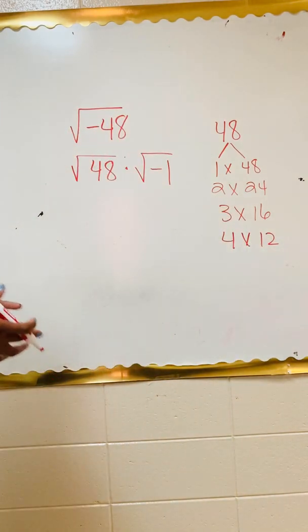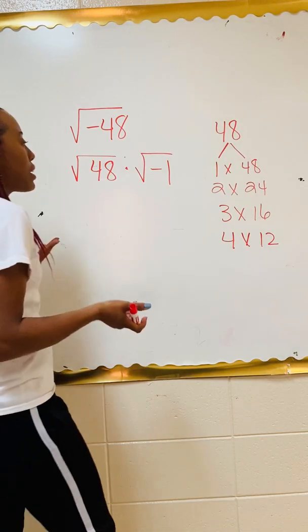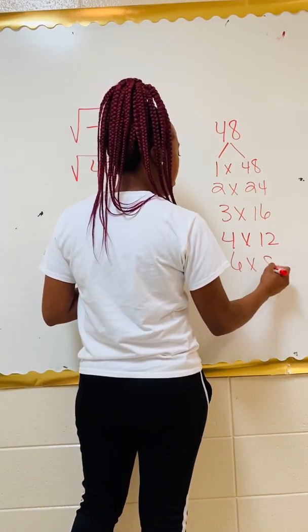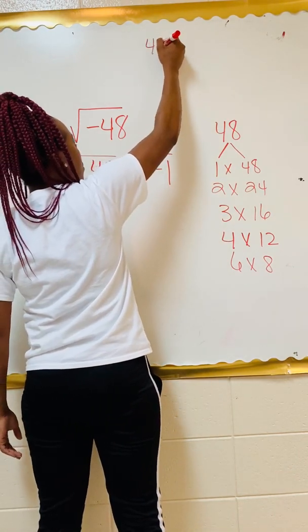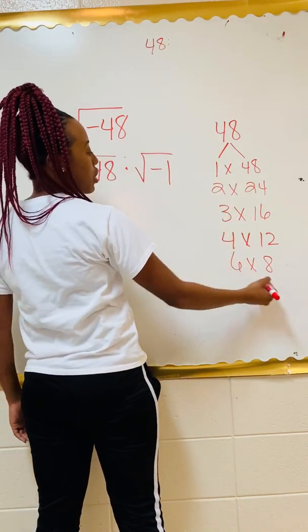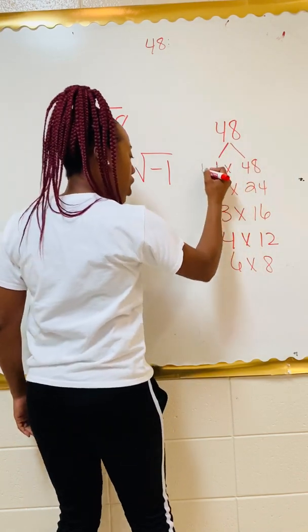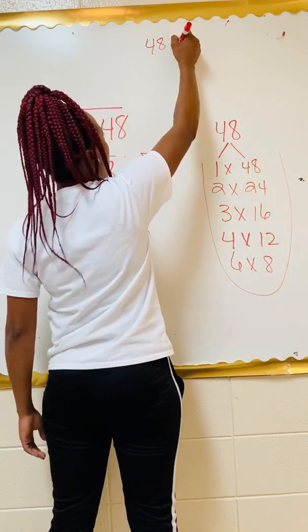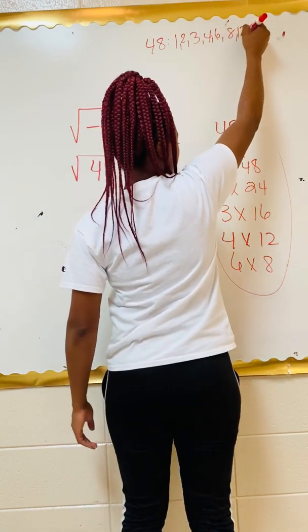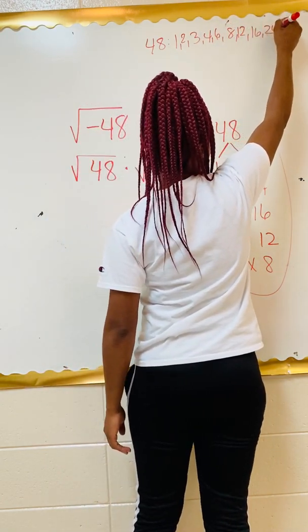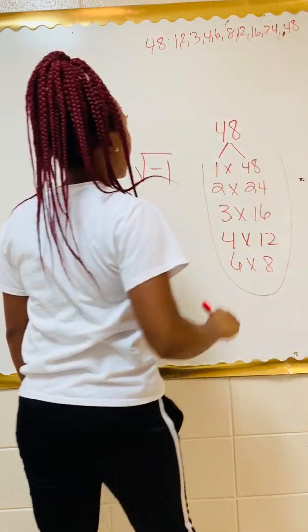And last but not least, we have 6 times 8. So the factors of 48, I'm going to rewrite up here in order, making a U shape, are 1, 2, 3, 4, 6, 8, 12, 16, 24, and 48.